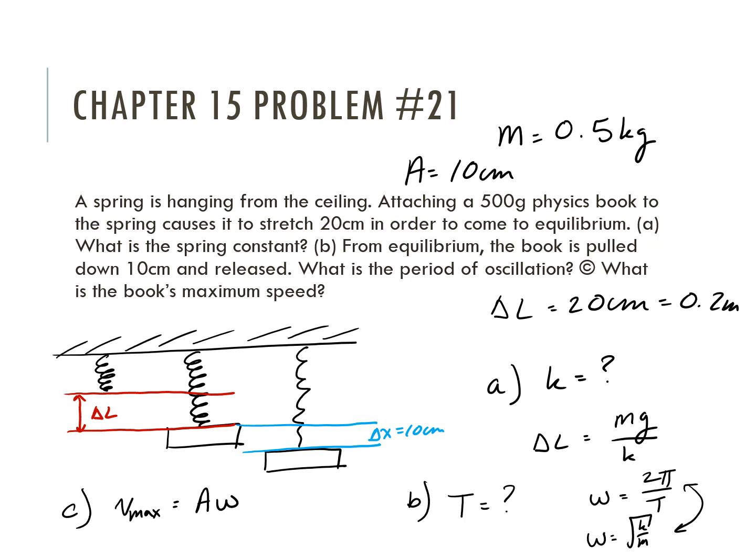However, for our change in equilibrium and our mass, we do need to convert to SI units in order for our other values to come out in SI units. So it's only the amplitude we can't change. So let's go ahead and actually go through and solve this question.